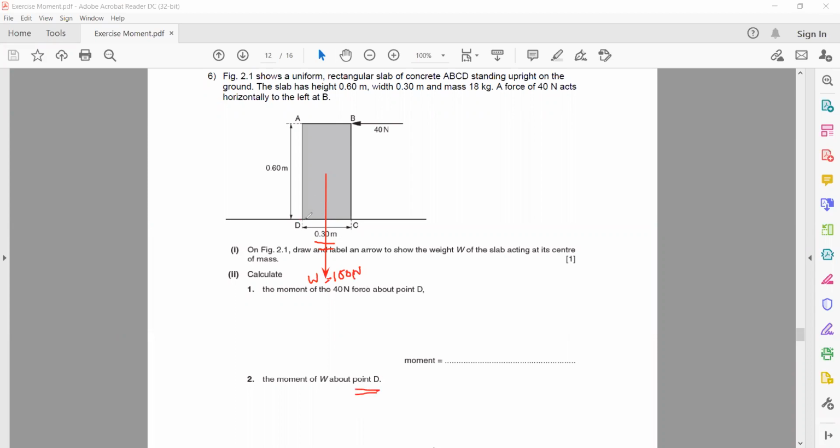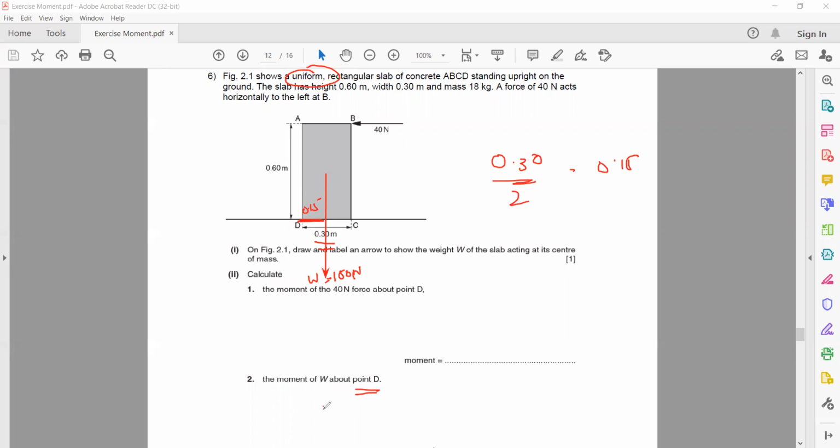We always take a perpendicular distance. So what distance will we take? Not the full distance 0.3, but the distance between the force and the point of rotation. Because it is a uniform object, the weight will act at the center. So if the total length is 0.3, then half of it will be 0.15. So this distance will be 0.15.